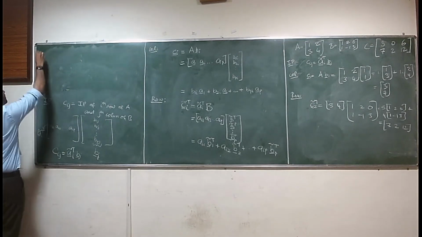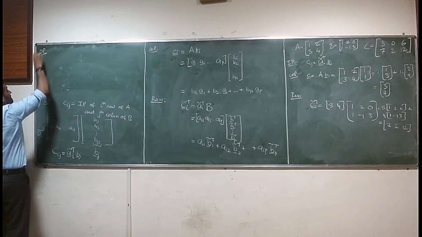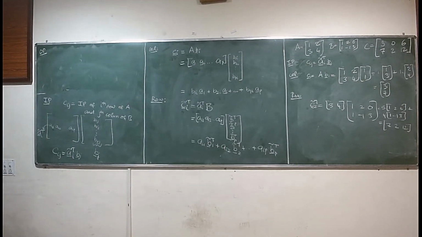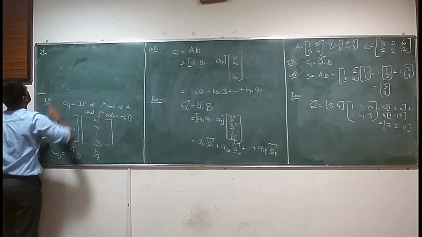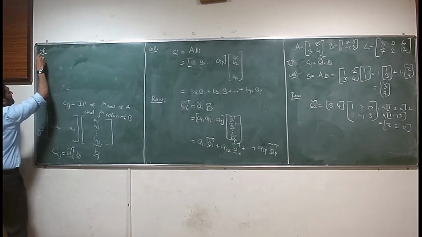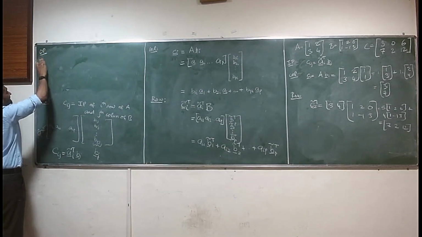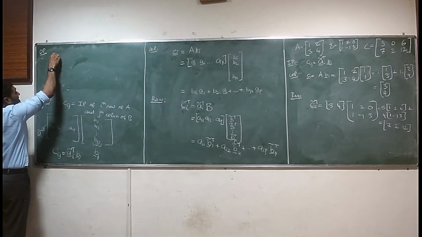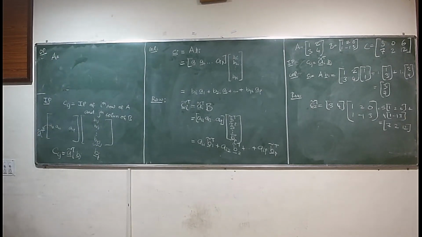All right. Now we come to a very interesting way of looking at matrix multiplication. Now we know that we can write A and B in block matrix form, right?